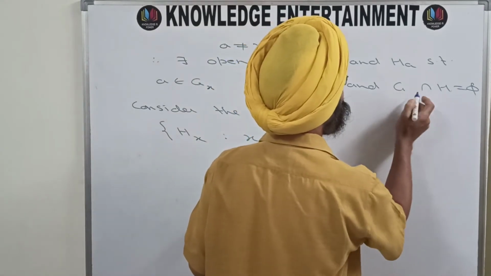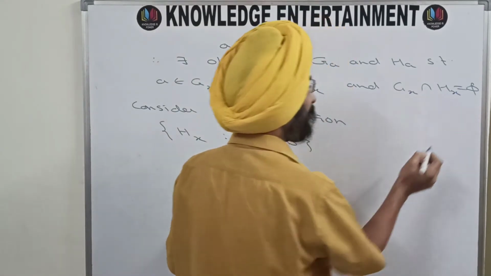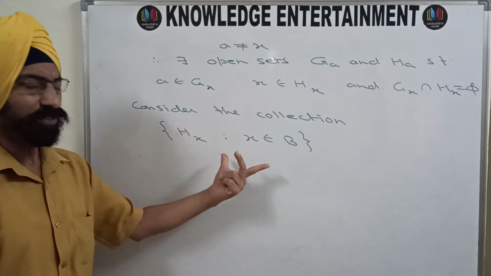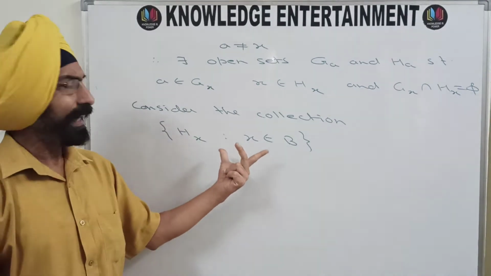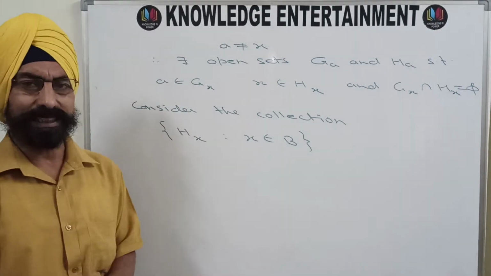So I am just changing the names to Gx and Hx just for the sake of identifying the sets Hx.